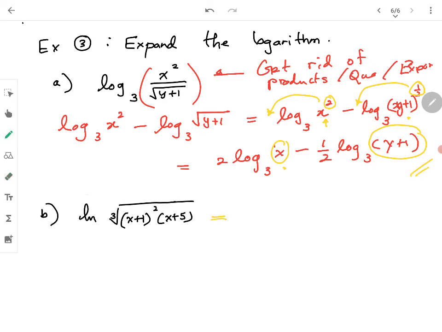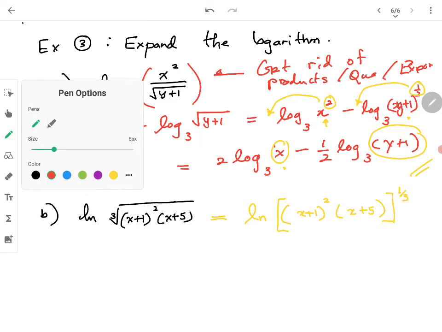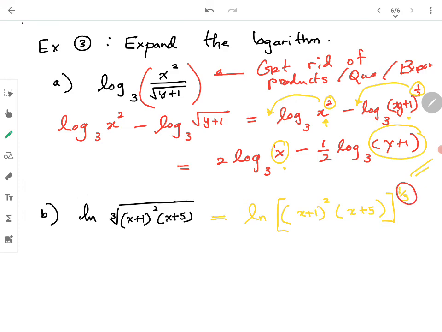Okay, then this last example, write the root as a power. So the power applies to both terms. So cube root means 1/3 power. Then the first thing we need to do is get rid of this power. So let's move it to the front using the exponent rule.